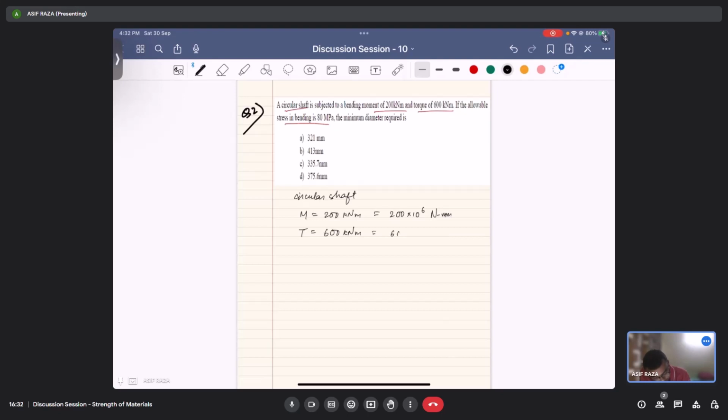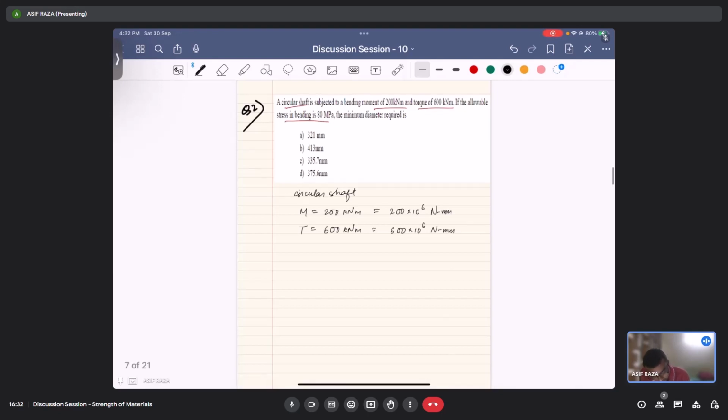It will be equal to 600 into 10 to the power 6 Newton millimeter. Allowable stress in bending, I'll write sigma max, is 80 megapascal, that is 80 Newton per square millimeter.